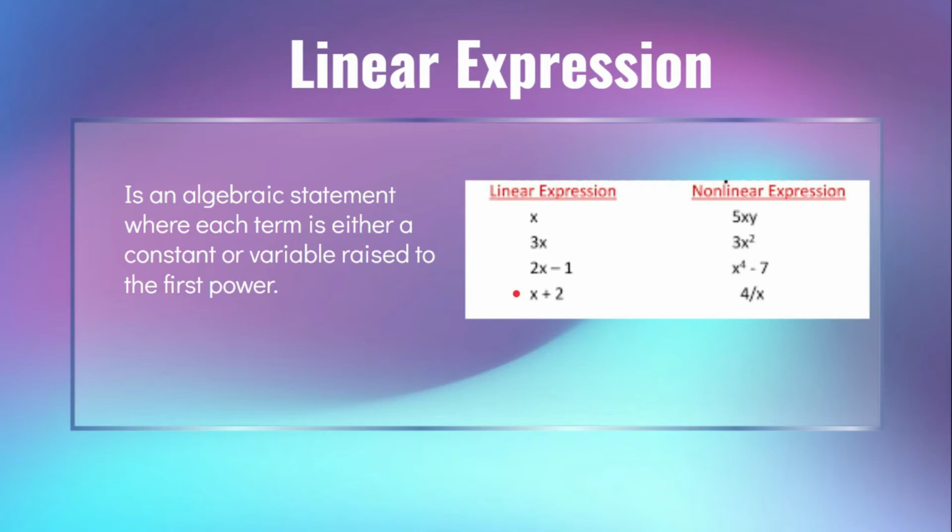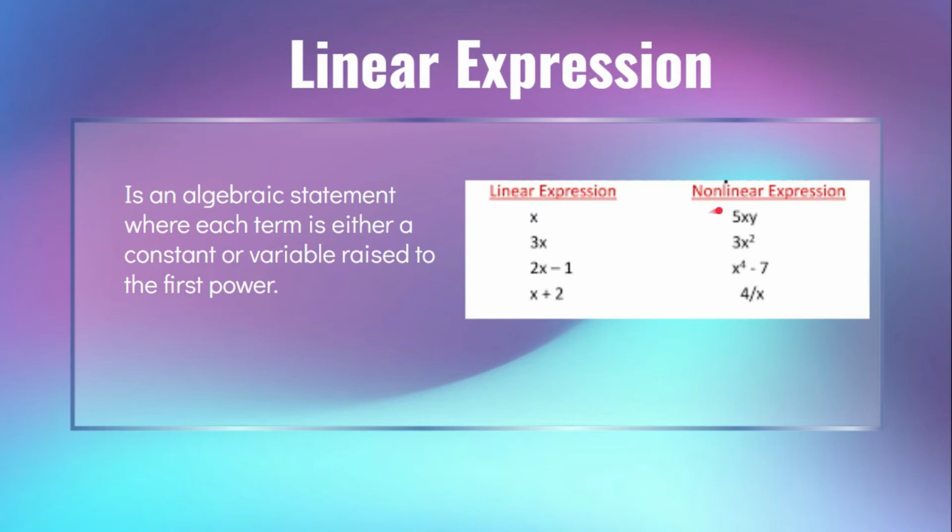When simplified, a linear expression cannot contain a variable in the denominator of a fraction or an exponent which is greater than 1. As you can see on the other side, we have examples of non-linear expressions, and these are expressions that do have some of the characteristics I just mentioned.